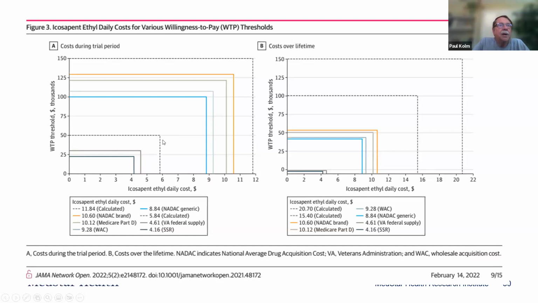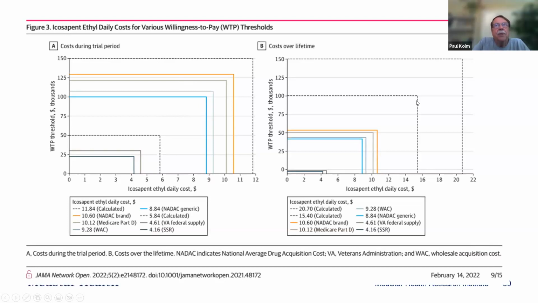The dotted lines here are calculated for what it would be at 50, 100, and 150. Although in this case, the $884 per day cost from NADAC was right at the $100,000 ICER. So that's why this is blue and not dotted.